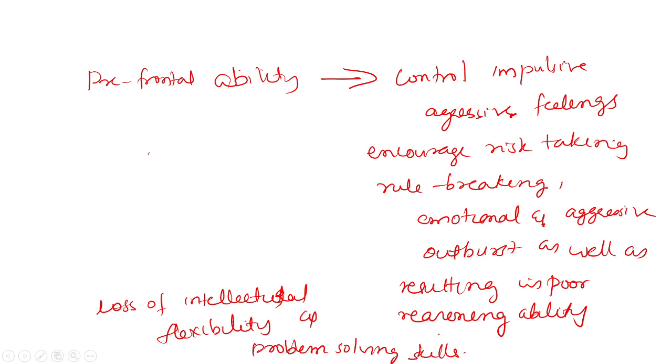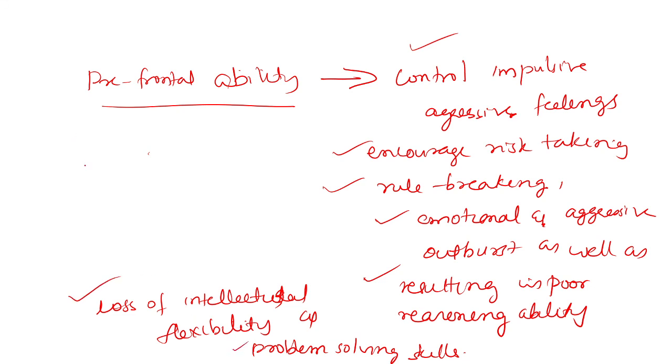So prefrontal damage can limit abilities such as controlling impulsive aggressive feelings, and encourage risk taking or rule breaking, emotional and aggressive outbursts, as well as result in poor reasoning ability and loss of intellectual flexibility and problem solving skills.